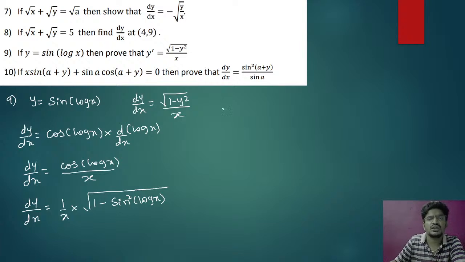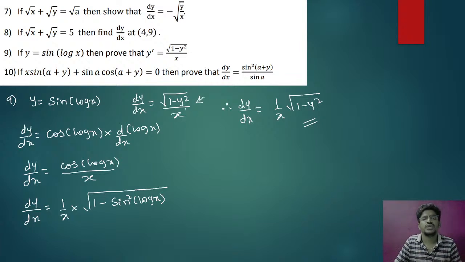That you can clearly observe that dy by dx will be equal to 1 by x into root of 1 minus y square. So why I am doing this? Because they have asked to prove this. So we have to prove what they have given us. So that's why here I need this. I am in the required of dy by dx equal to root of 1 minus y square divided by x. So that's why cos log x can be written as 1 minus sine square log x. So you can replace sine of log x as y. So no problem, you can get the answer.